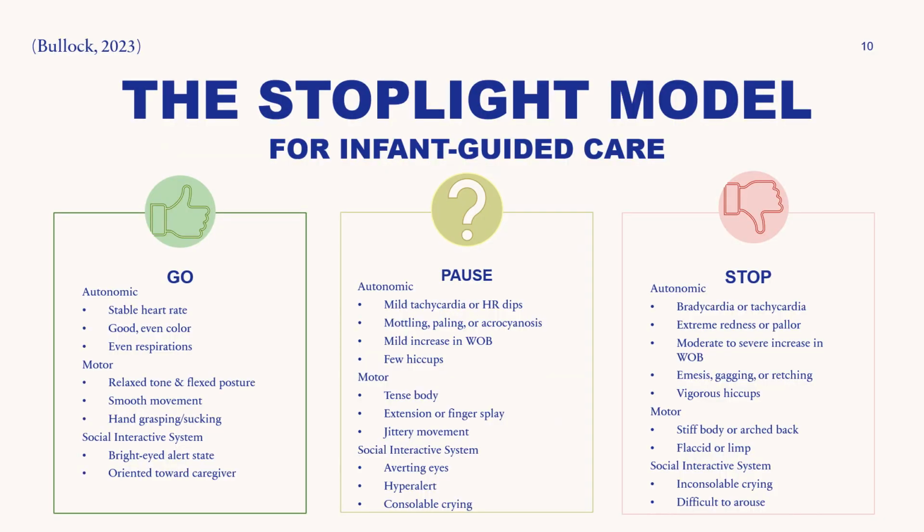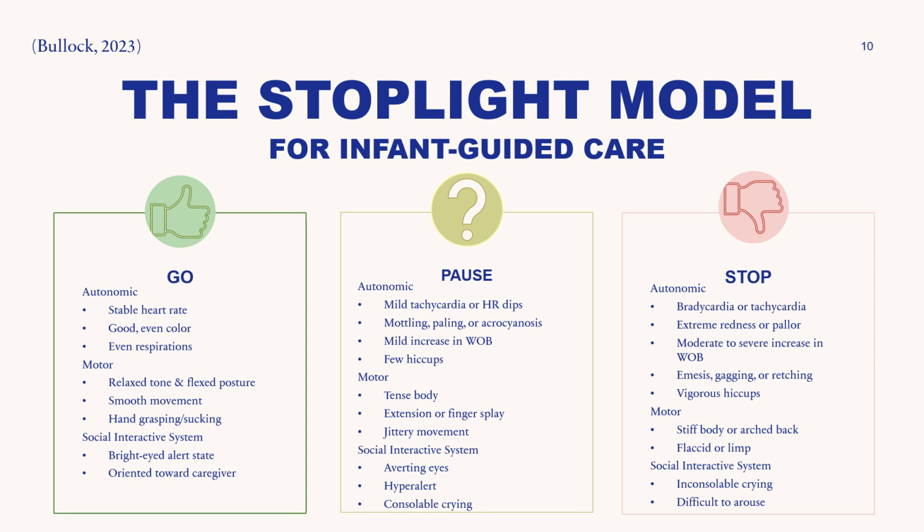And then this is the stoplight model I referenced earlier for assessing infant cues. So we know that they're ready to receive care, to hear your voice, and to maybe do some of the mobility stuff.